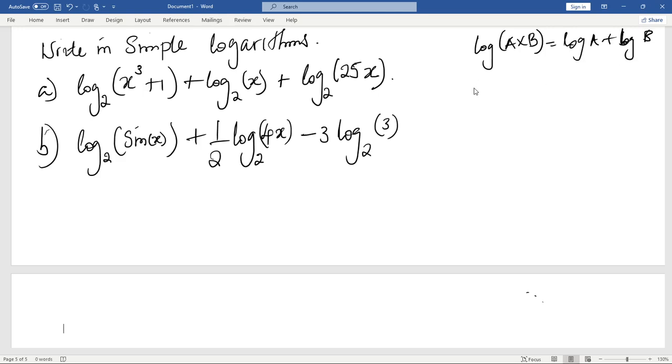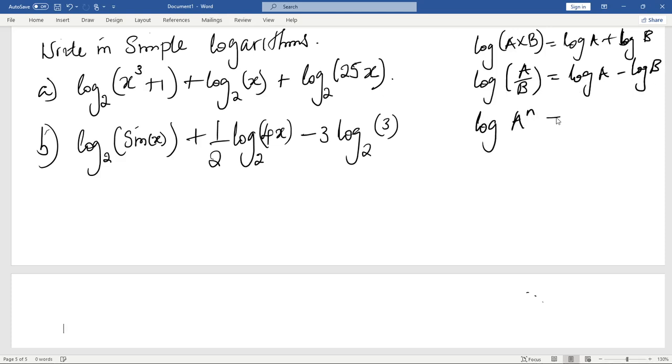Then log of a over b is the same as log a minus log b. Then log of a to the power n is the same as n log a. Okay, so these are the three properties that we're going to use to evaluate this set.